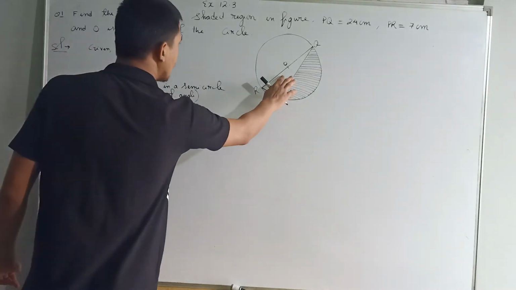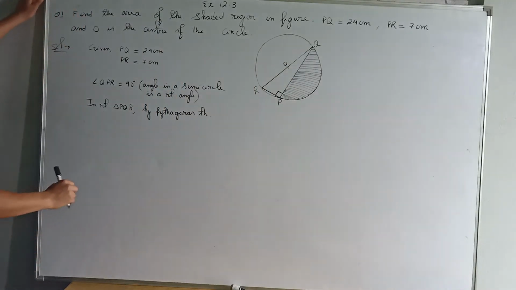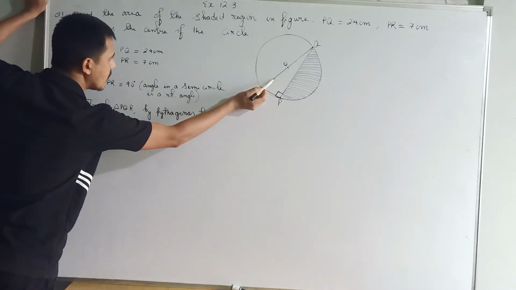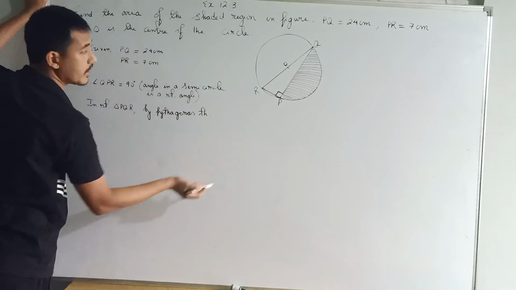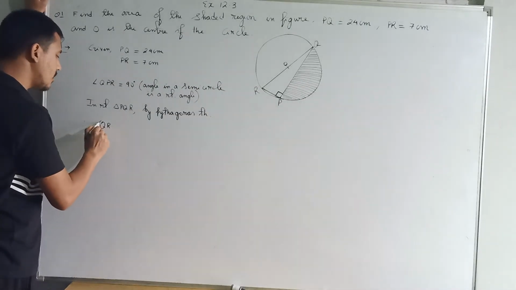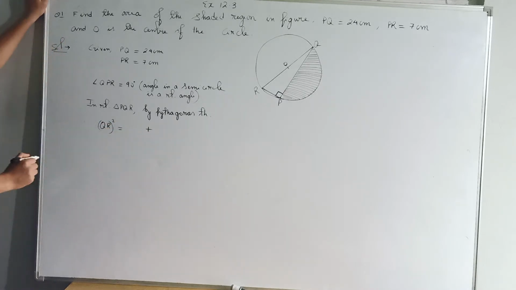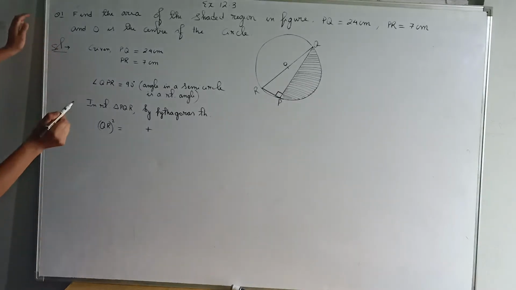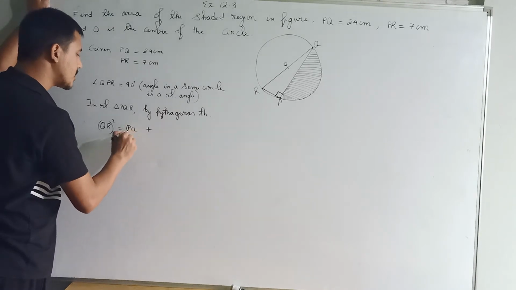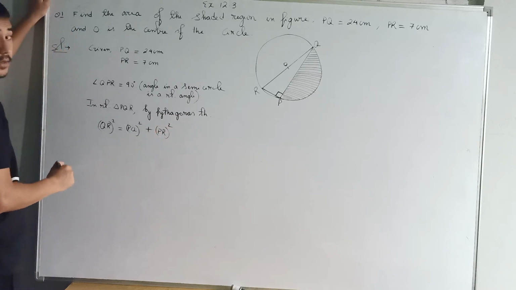QR is the hypotenuse, so QR square will be equal to the sum of squares on the other two sides, PQ and PR. So PQ square plus PR square.